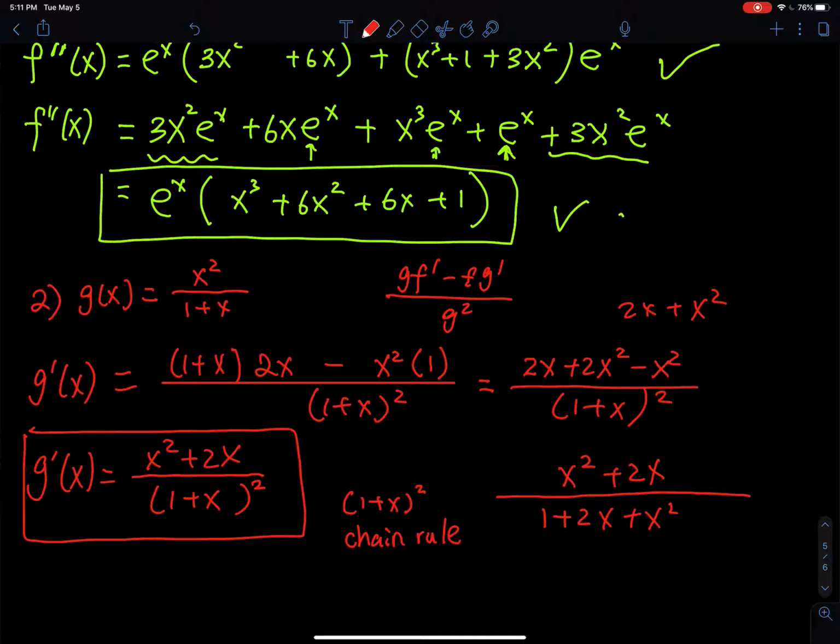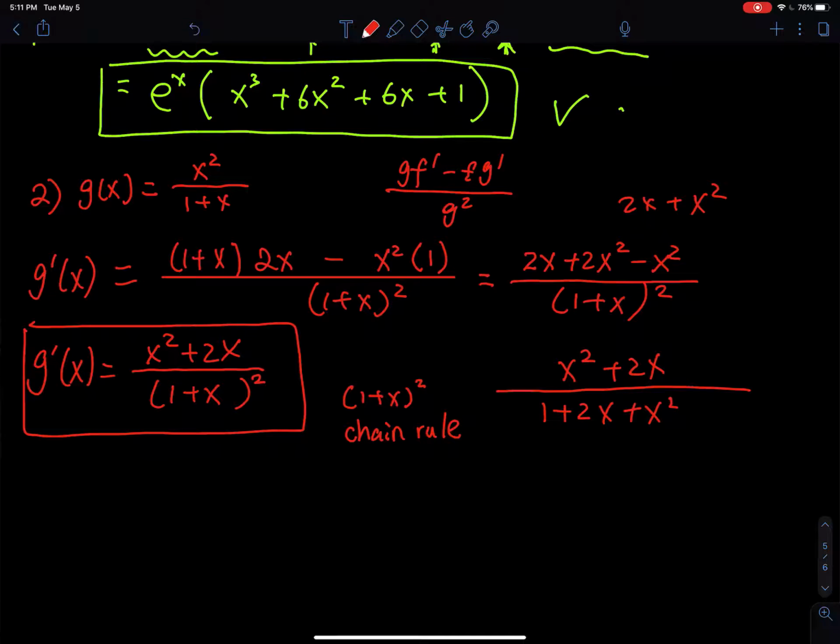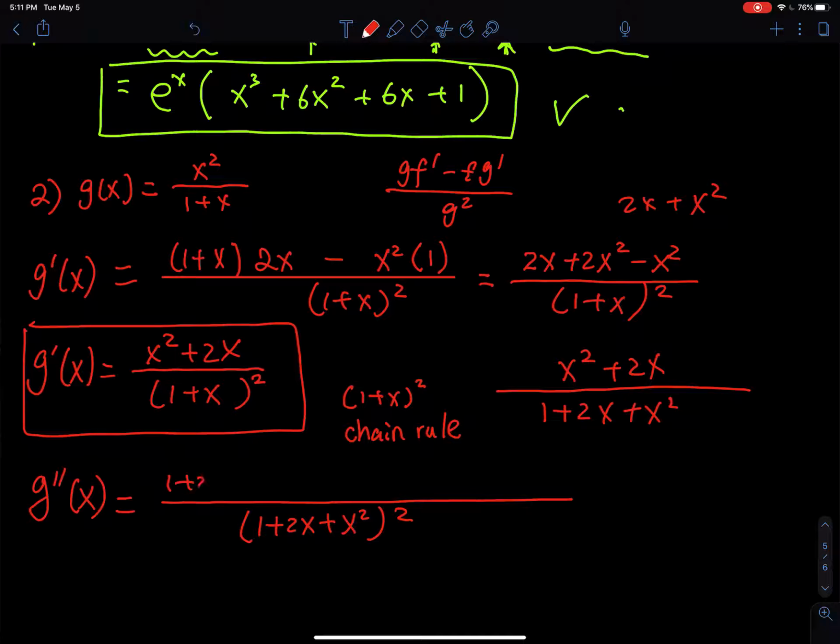It's not a big problem, it's not a big thing for calculus people. And then you do second derivative. So second derivative, so g double prime of x, we have square the denominator, 1 plus 2x plus x squared, and then we have gf, so we copy the denominator first, and then we take the derivative of the numerator, which is 2x plus 2, and then quotient rule is always a minus.